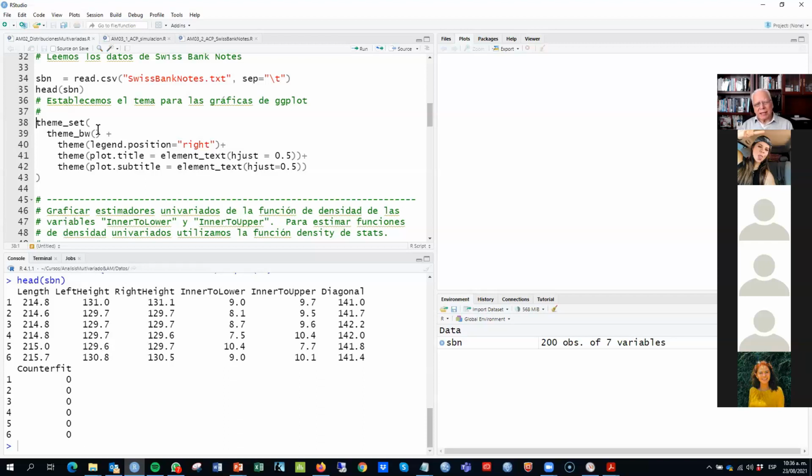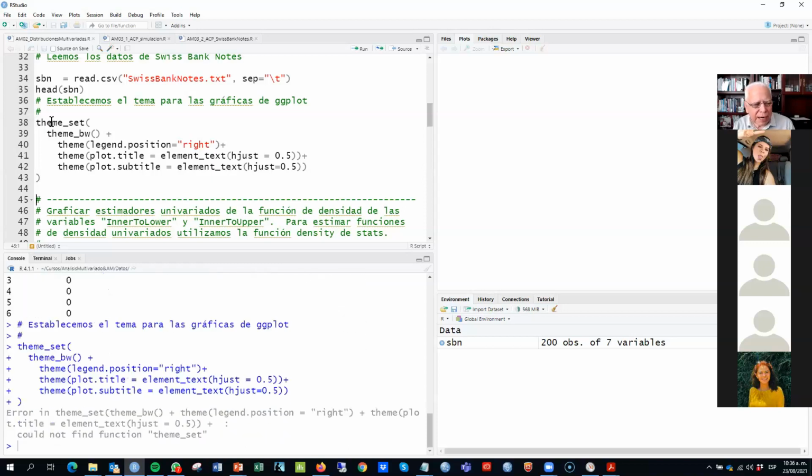Remember, ggplot has layers, and one of the layers is the theme. So I set the theme to a black and white theme, the legend position to the right, and the title and subtitle centered. I say horizontally justified at 0.5, which is centered. That will hold for all the graphs that I generate now, in theme set.